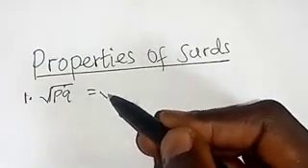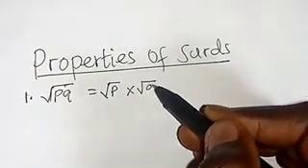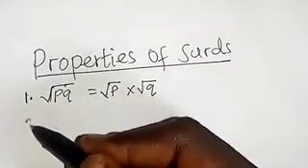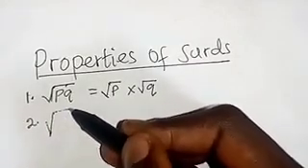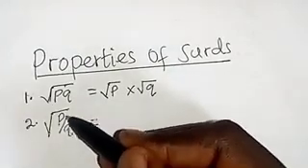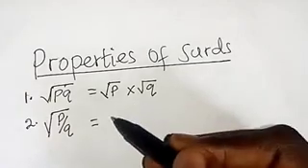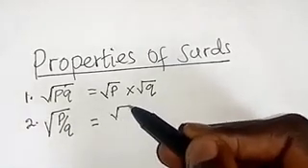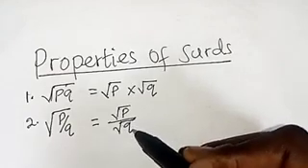So you can simply split them, which is going to be square root of P times square root of Q. And again, if you have square root of P divided by Q, this line means division, so we can split it to be square root of P over square root of Q.